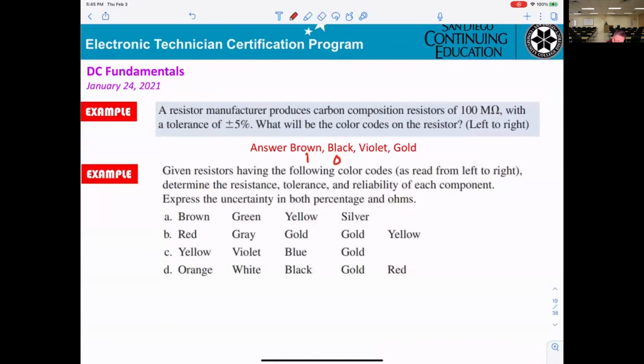So 1,000, you have to multiply by what number to get 1 mega ohm? 1 mega ohm means 0, 0, 0. Let's see, how many more 0? 7. Is it 5 or what?